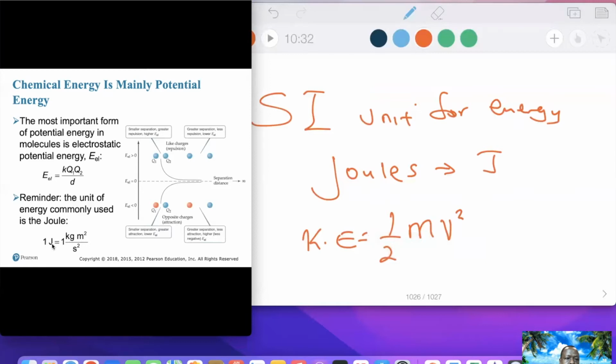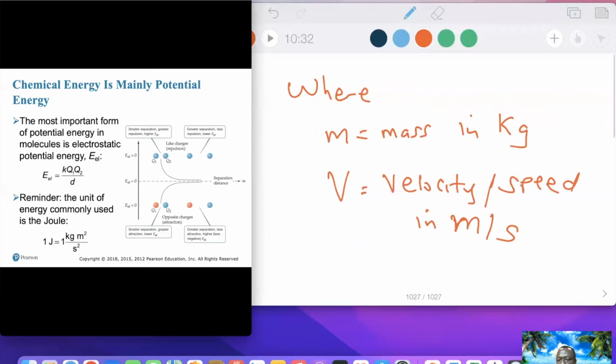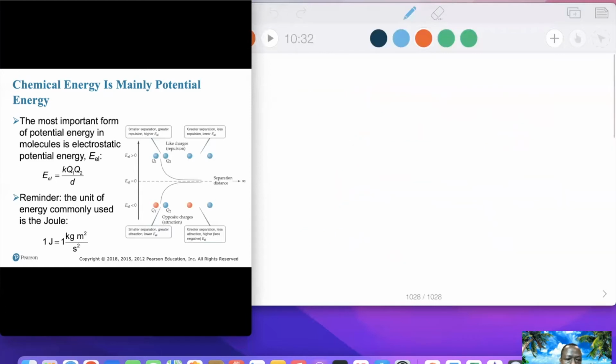And this unit here is the same as 1 joule. That was chapter 1 concept. So you need to recall that.